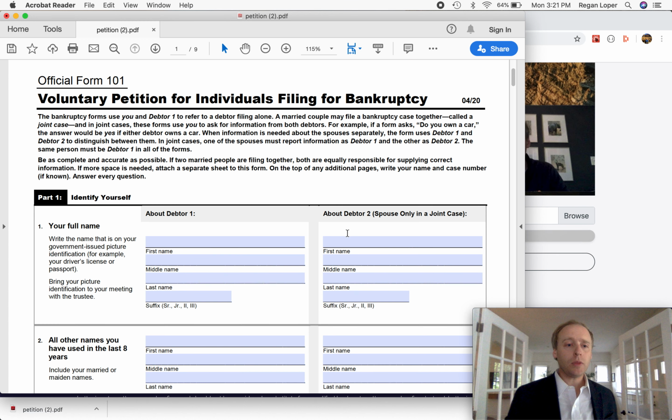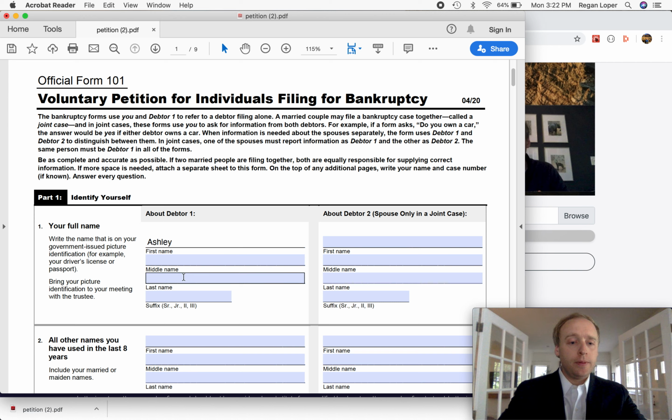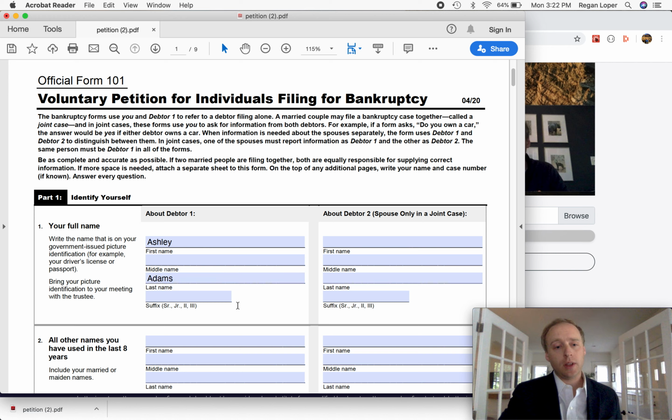Okay, let's start with part 1 and how Ashley filled out this voluntary petition form. Your full name is the first part. We put in Ashley Adams. Now, you'll note on the right side there's a whole section about debtor 2.